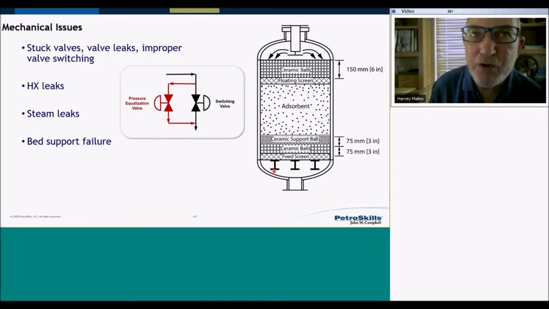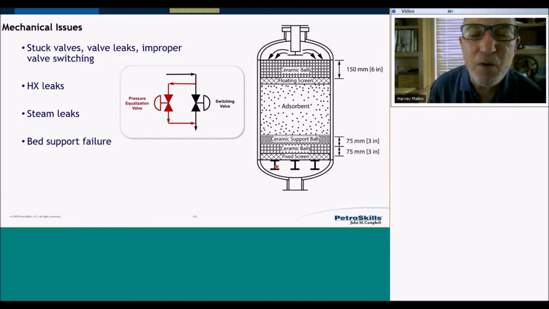Remember, you have a large temperature swing going on in this steel vessel. To give you an idea of the expansion, an 8-foot, 2.4 meter diameter vessel will expand by about 1/3 of an inch, that's about 8 millimeters, when heated from the adsorption temperature to the heating temperature.